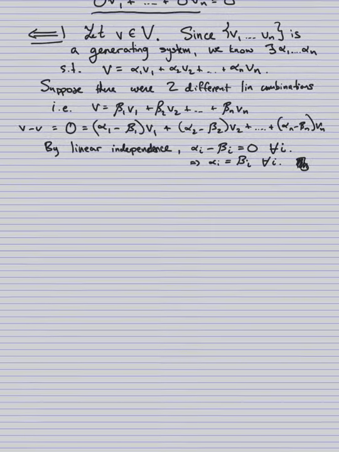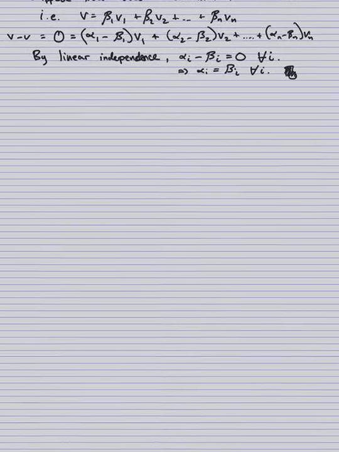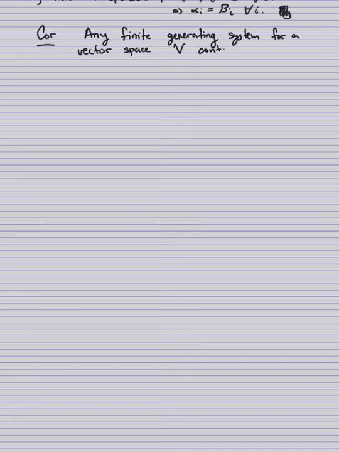So I'm just going to finish with a corollary of this characterization of a basis, and then call it a day. Okay, so a corollary, not an immediate corollary, is that any finite generating system for a vector space V contains a basis.